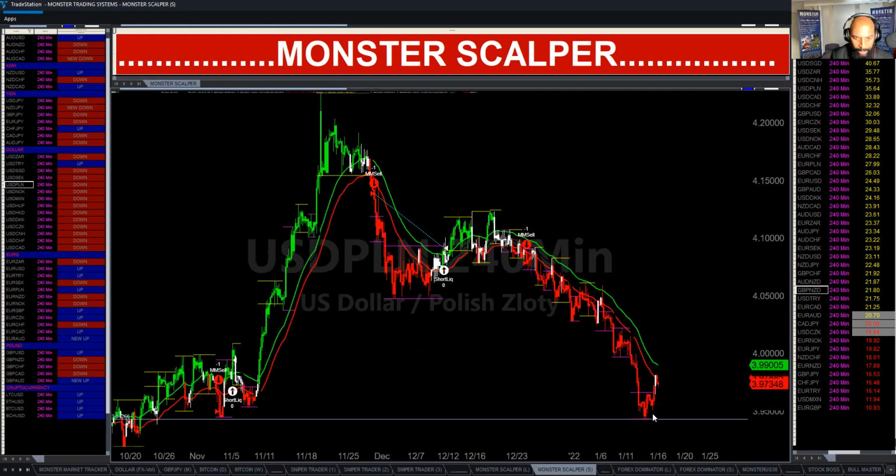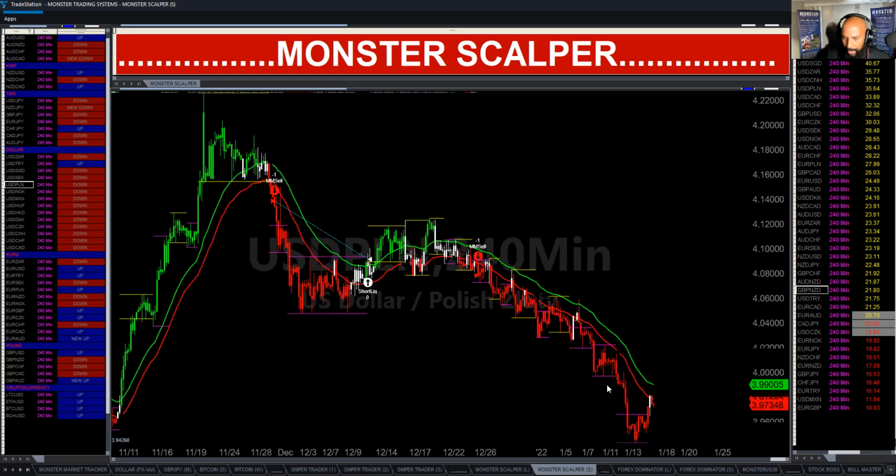They've dropped quite a bit. We don't want to keep shorting in here. We don't want to buy here because the buyers are not in. Red candles, right? We're below red candles. We've got a short signal here. We're below the red moving average right here, so we can't short anymore. It's dropped quite a bit.